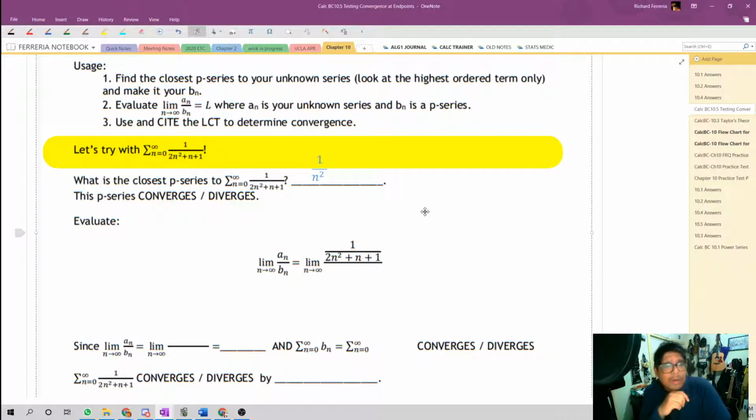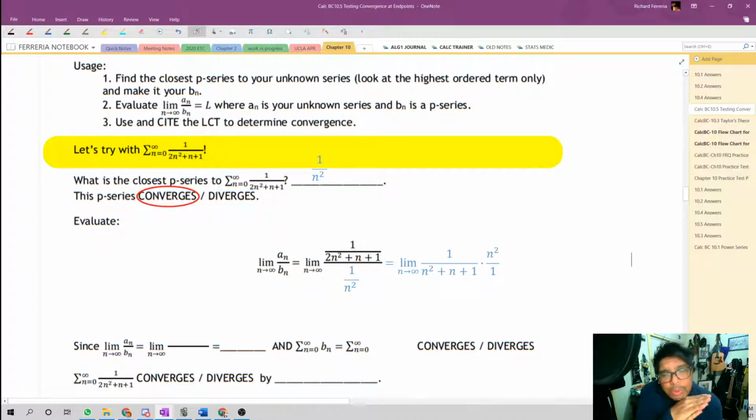So let's take a look at our p-series. We've got 1 over n squared. We know that that p-series converges because p is equal to 2. And then we're going to take that p-series and put it as the denominator of our ratio of our limit comparison test. And then we're just going to simplify things.